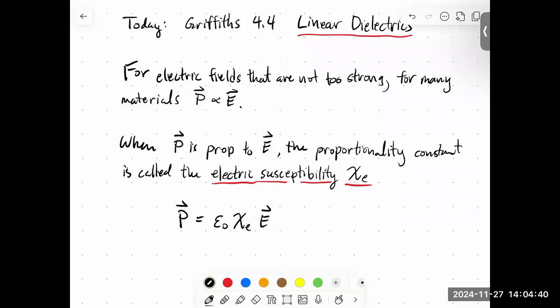It's not actually quite true what I said. The proportionality constant is the product of susceptibility and epsilon naught. The reason they pull out epsilon naught here is just to make the susceptibility dimensionless. It has no units. So chi E is unitless. It's just a number.